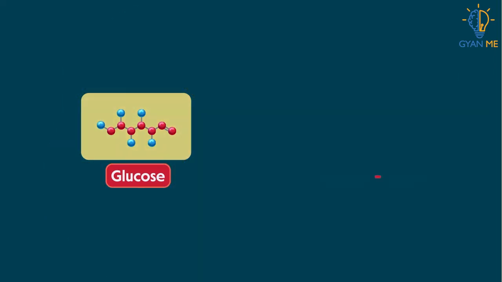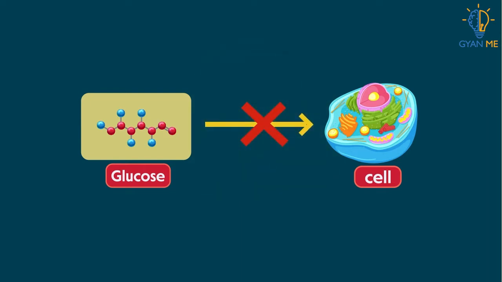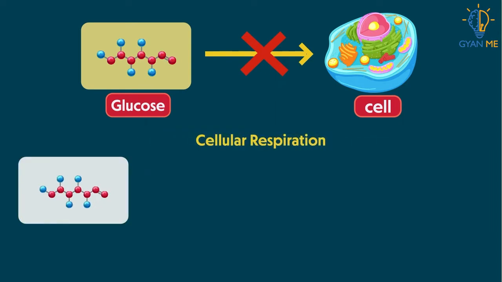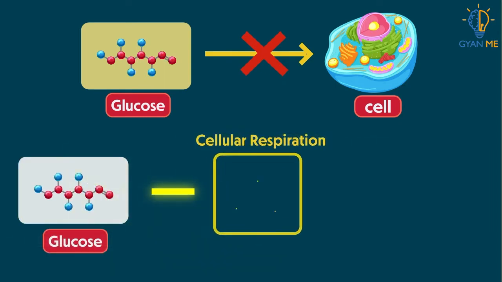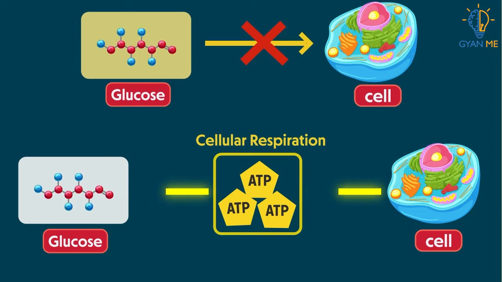Do you know, students, that these cells cannot get energy directly from glucose? So in cellular respiration, energy released from glucose is used to make ATP molecules from which cells derive the energy required for all life processes.